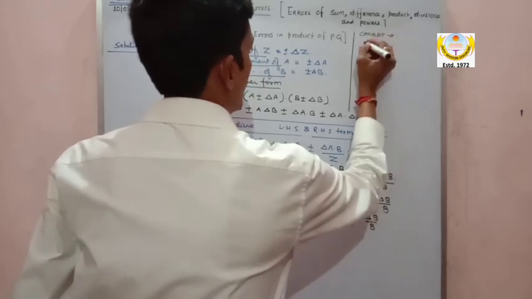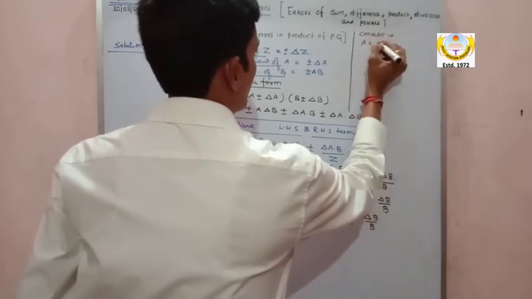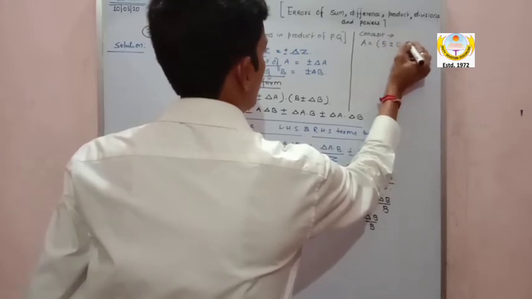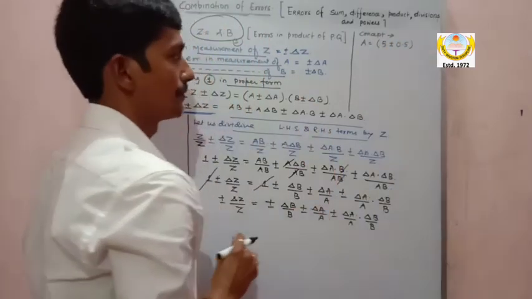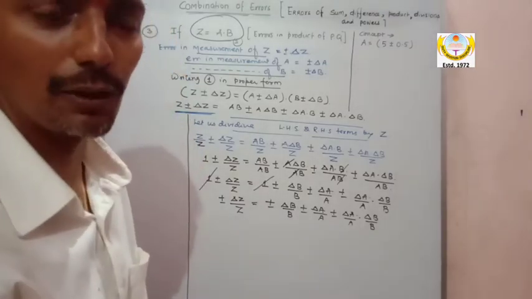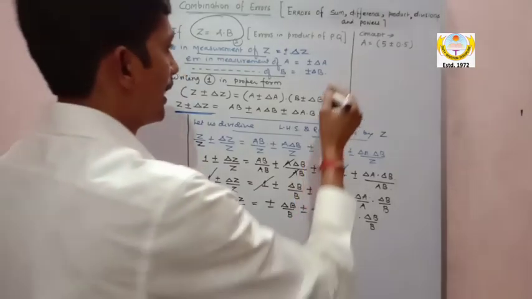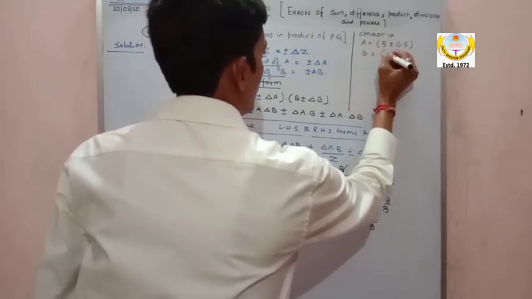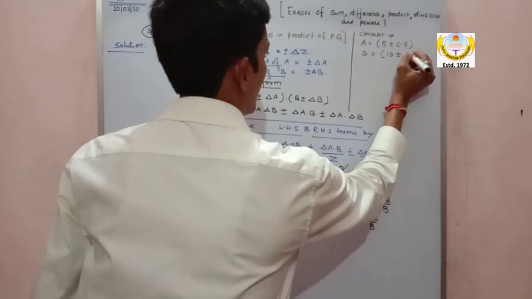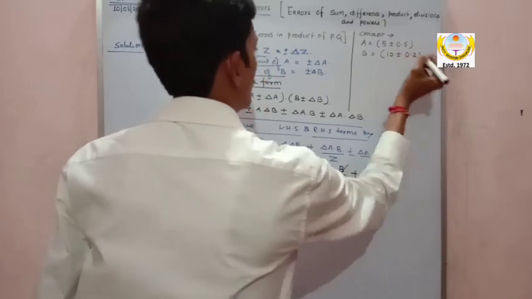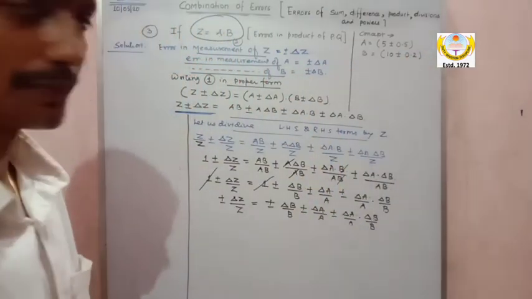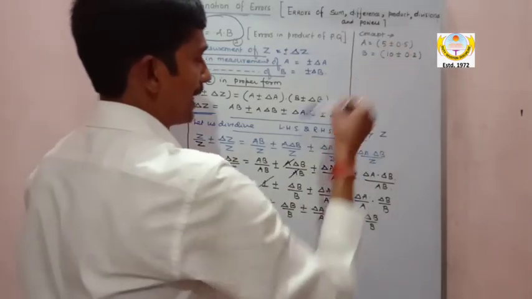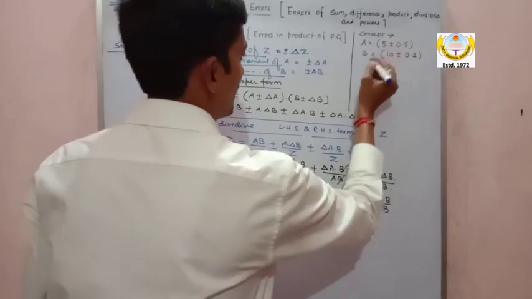You all know that if I write A as 5 plus minus 0.5, and B as 10 plus minus say 0.2, please.